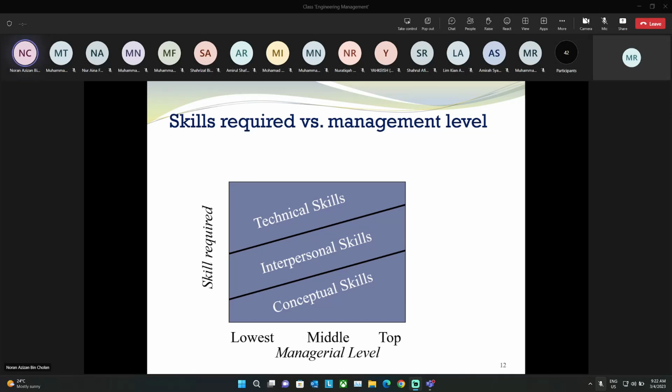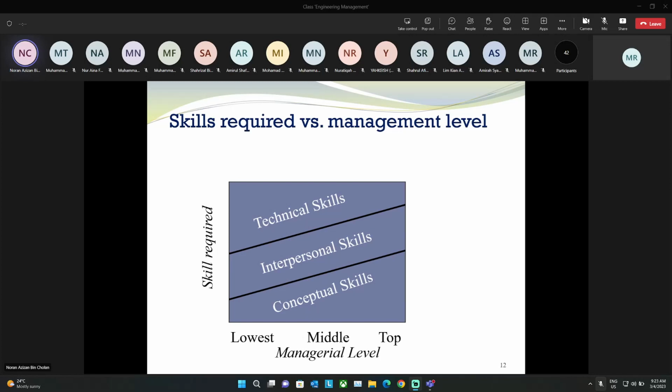Technical skills, so this is what you are learning right now. Actually, you gain technical skill. If you see here, conceptual skill is less for the engineer. Conceptual skill means the analysis. Analysis is less.